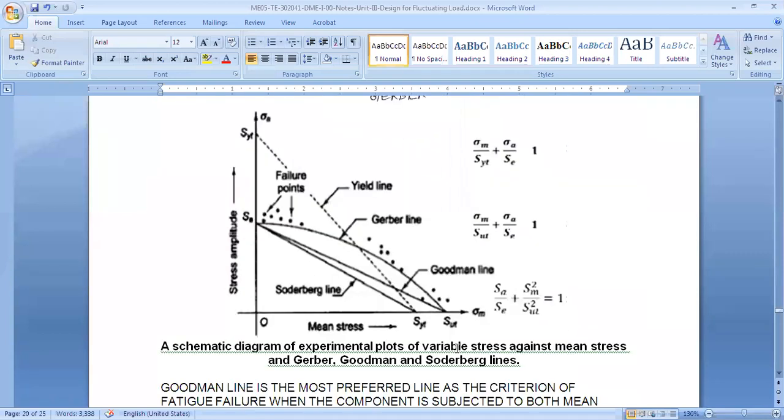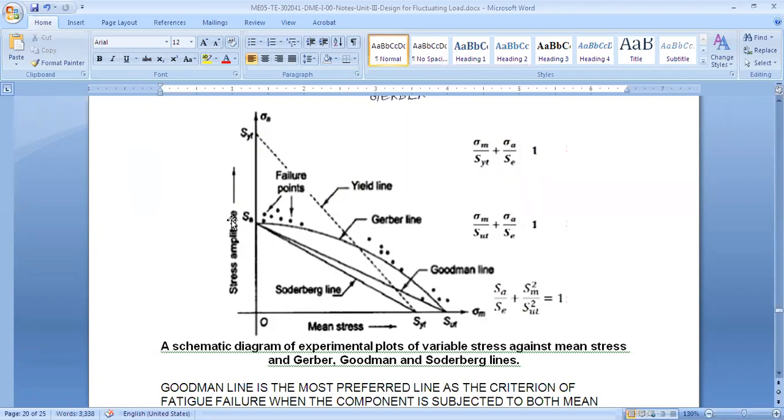Now, important thing: how to remember which line is where. Just see, we have three lines: Gerber line, Goodman line, and Soderberg line. These are our Lakshman Rekha, meaning we are not going to cross these lines. How will we remember it? Remember, there are two G's, Gerber and Goodman, and one S. The two G's have the same start and end point.